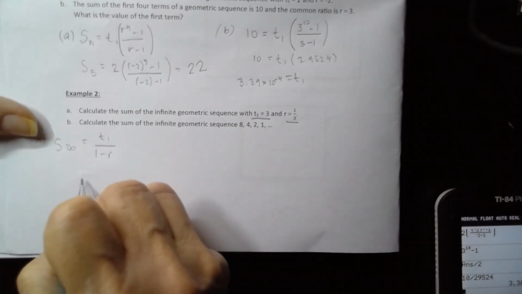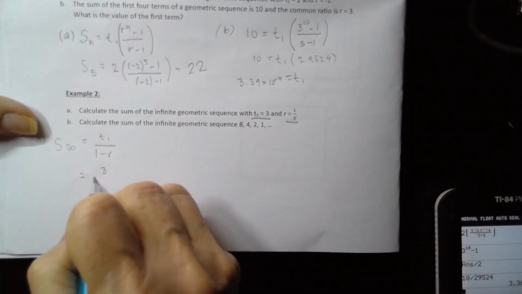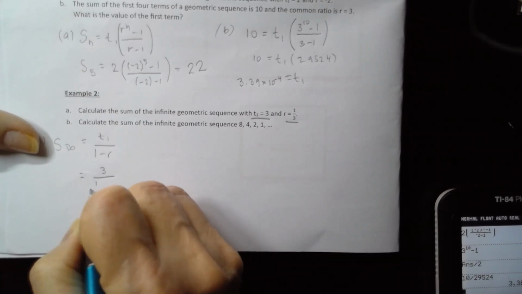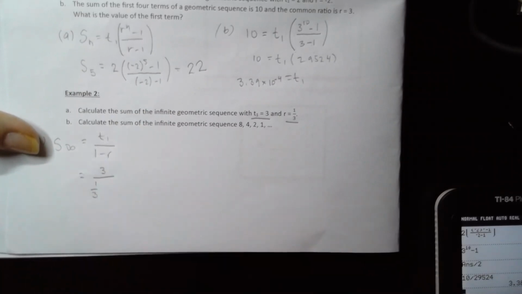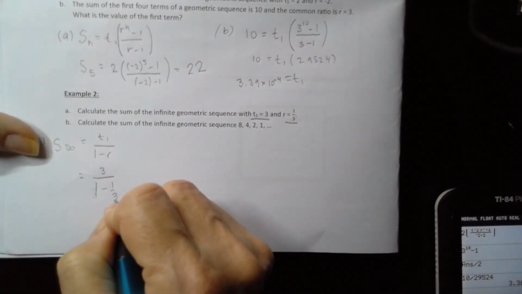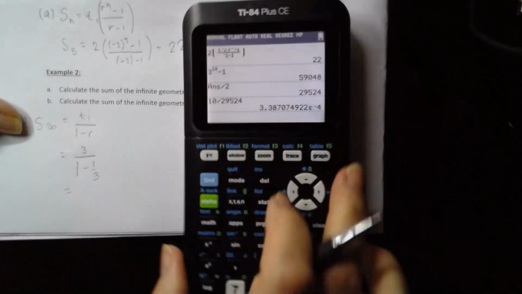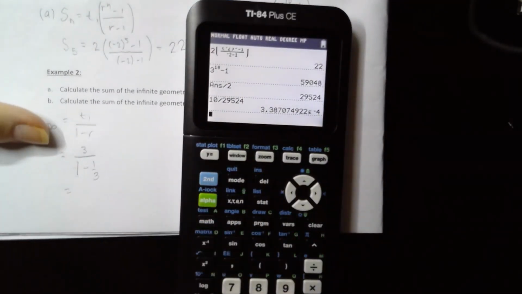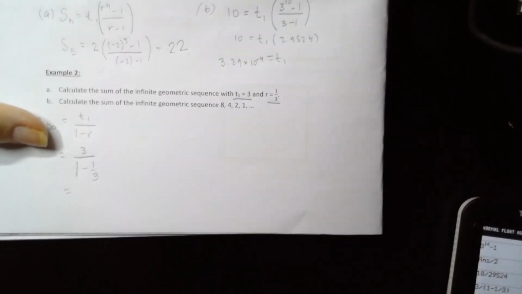That's an easier formula. 3 over 1 minus 1/3. I could easily do that by hand, but I'll do 3 divided by 1 minus 1/3, 4.5.